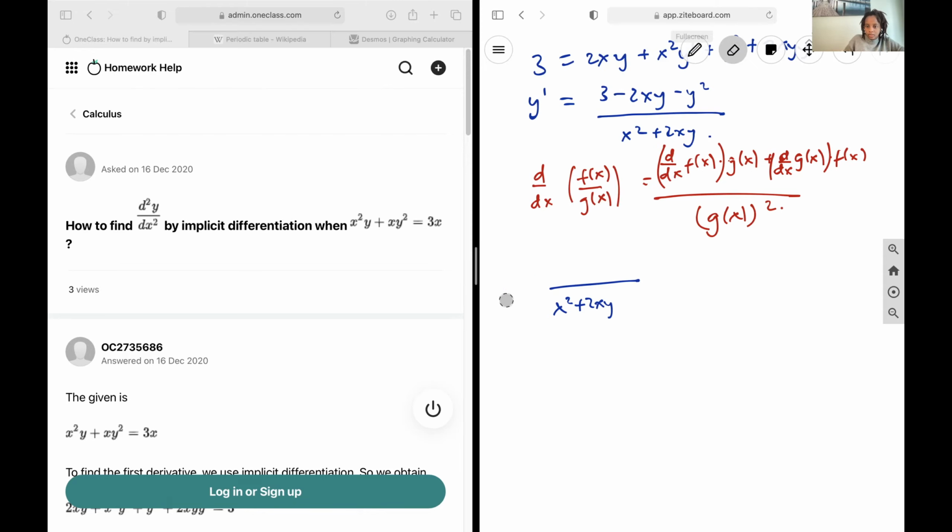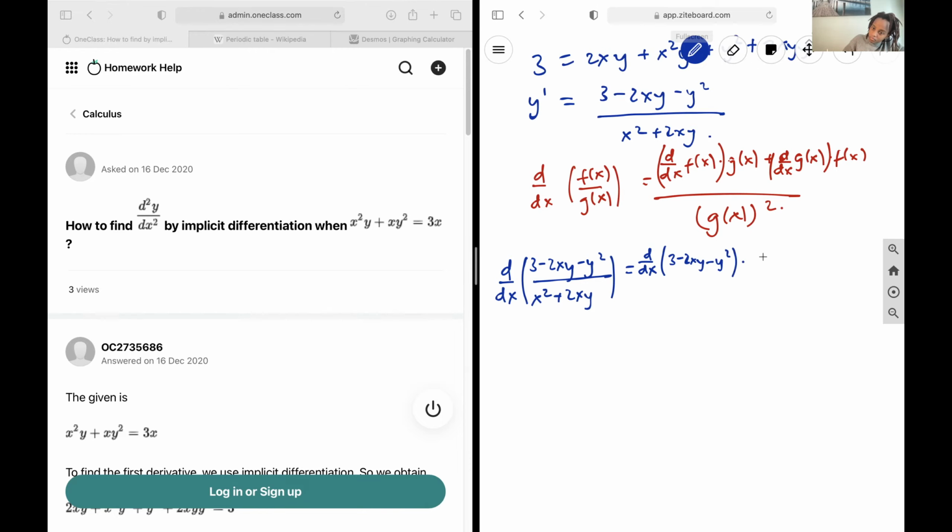Let me just write that a little smaller so it can all fit. This is our g of x.